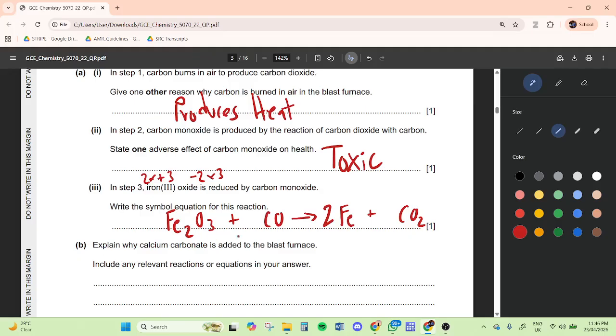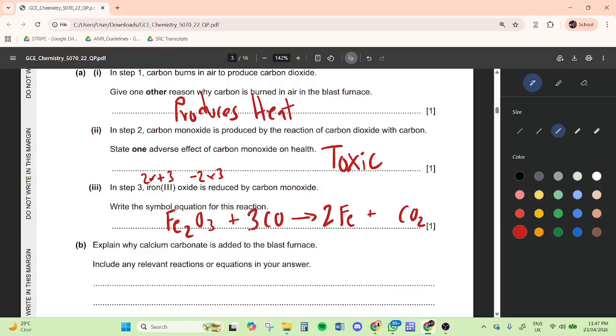Now we've still got the thing of balancing our oxygen. Because we've got 4 oxygen here and only 2 over here, our oxygen isn't balancing that way.